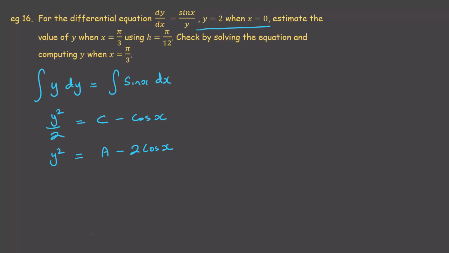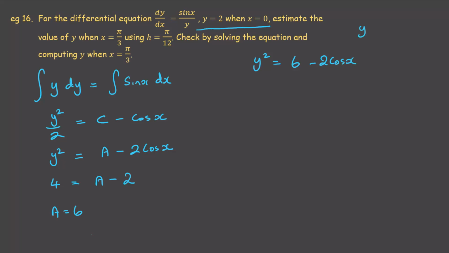Now y is 2 when x is 0, so we get 4 is equal to a take away 2, because cos of 0 is 1, and therefore a is equal to 6. So I have y squared is equal to 6 take away 2 cos x.